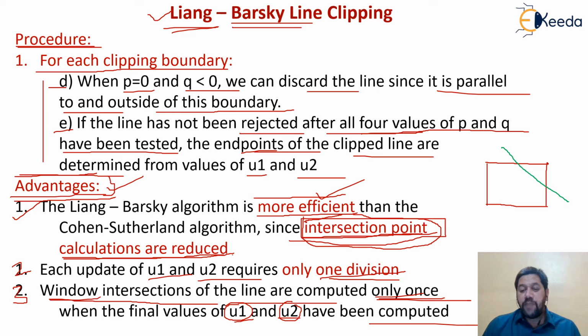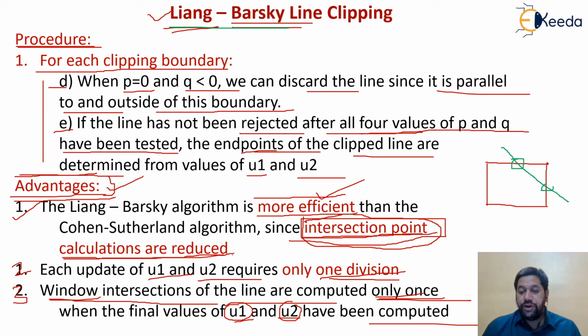In the Liang Barsky line clipping algorithm, a partial line means some part of the line is inside the window and some is outside, and it is very important for us to find this intersection point.